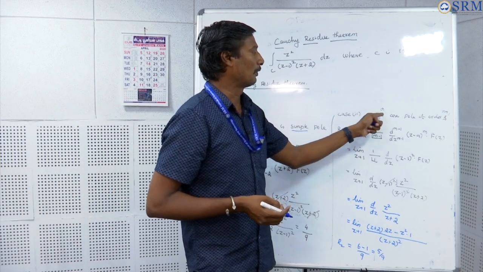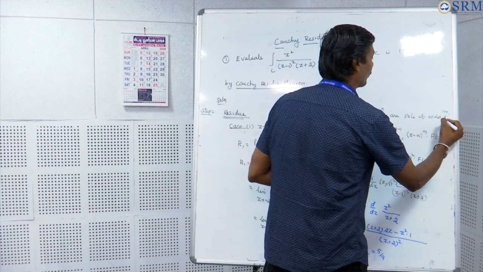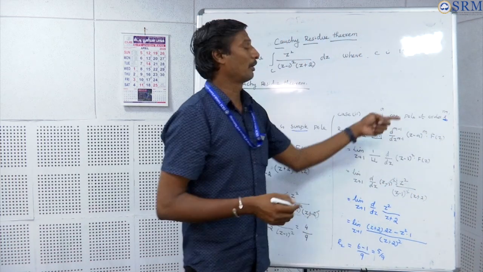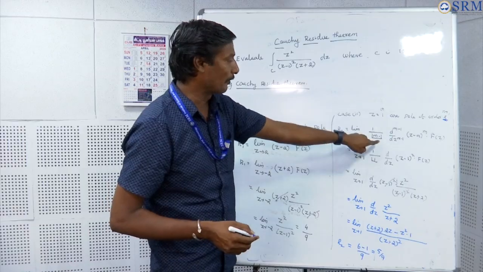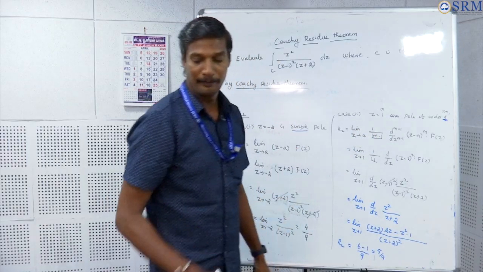Case 2: z equal to a is a pole of order 2. It's very important, it is order 2, not order 1 or any other value, which means using this formula we get the answer 5 by 9.